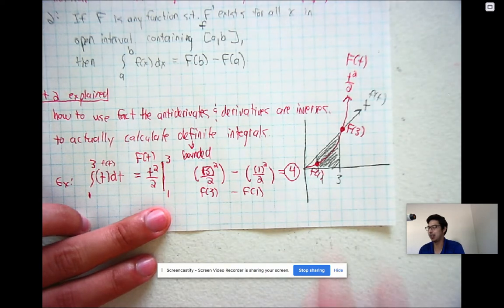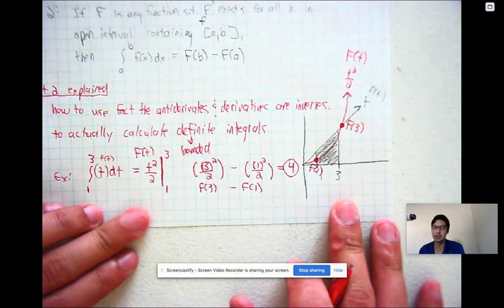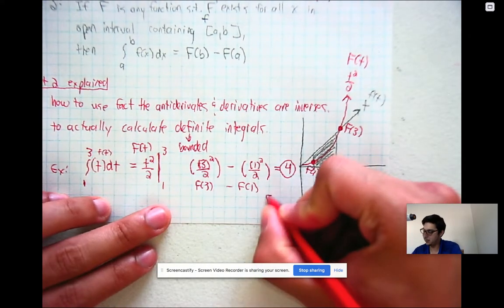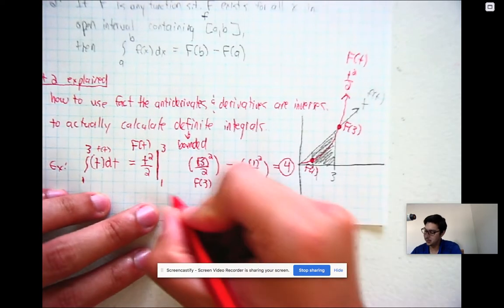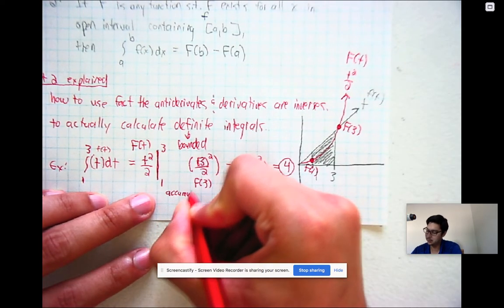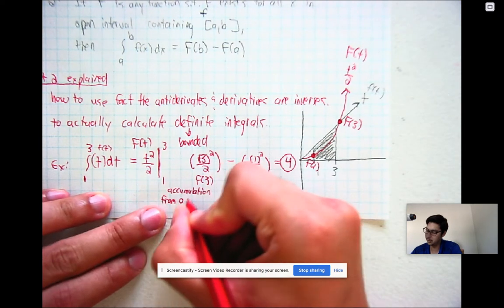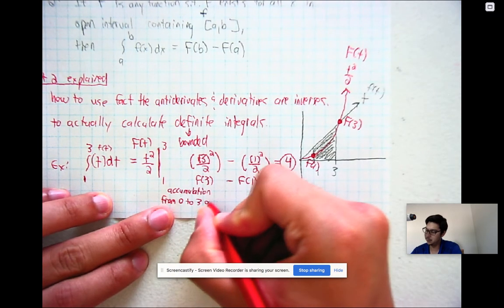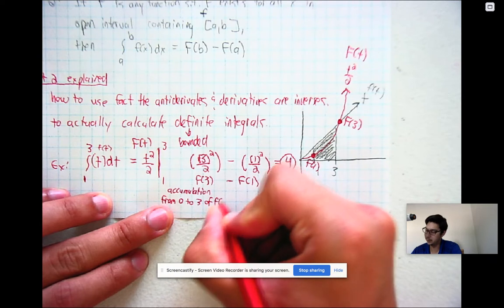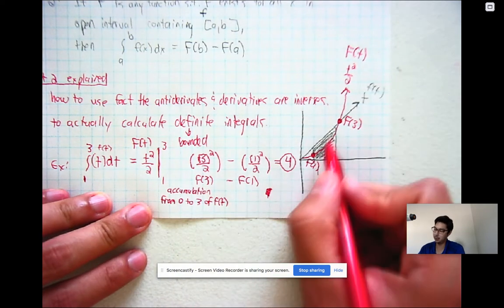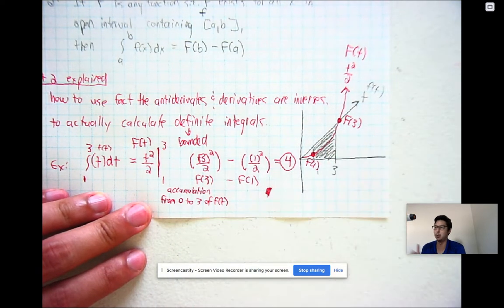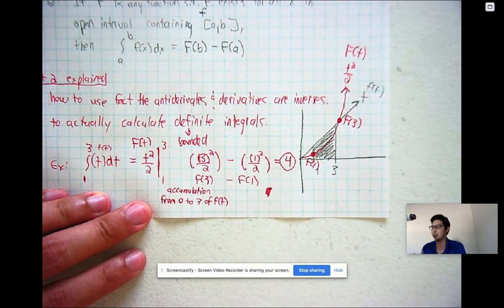Now, the way you might see that, because you're like, that's very odd, Mr. Hein, is f of 3 is really the accumulation from 0 to 3 of the original function f of t. So it's kind of like the accumulation from 0 to 3, however much was adding on a distance or an amount.